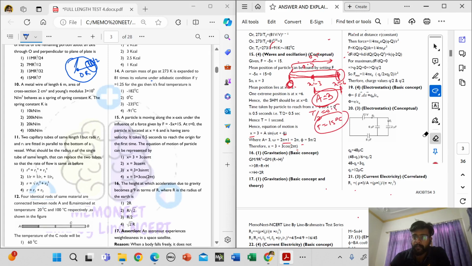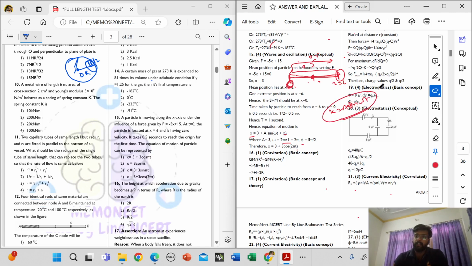Now for the equation of motion of the particle, we know that the general equation is x equal to A sine omega t plus phi, where phi is the phase. And here the phase will be equal to pi by 2.